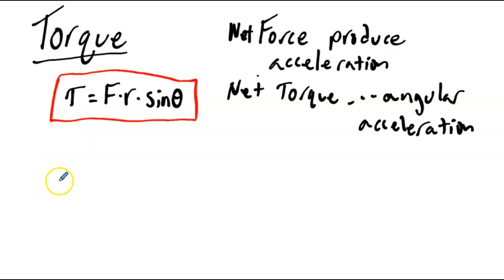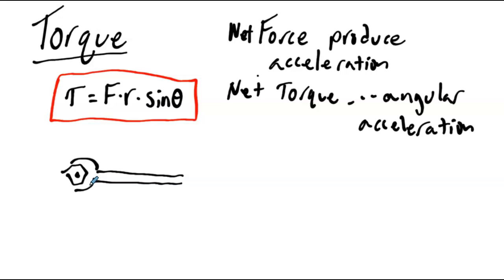Now let's just say that we have a little hex nut, and I got my little wrench over here, right? A torque would be useful for producing a rotation around this point, right? Anytime we talk about the rotation of an object, there has to be a center of that rotation.